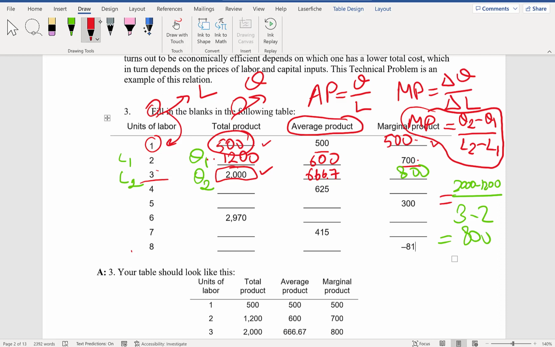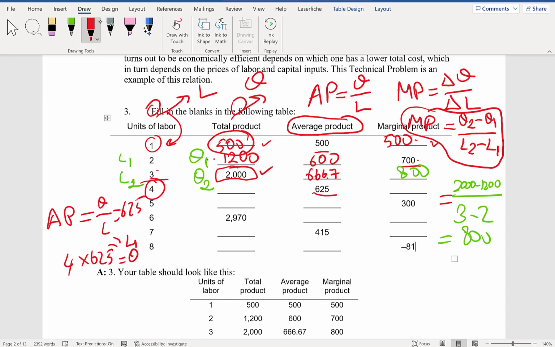Next, how do we fill this table out, right? We keep just doing this. Average product of 4 workers is 625, quantity divided by labor. Labor here is 4 units. 4 times 625 is your quantity.